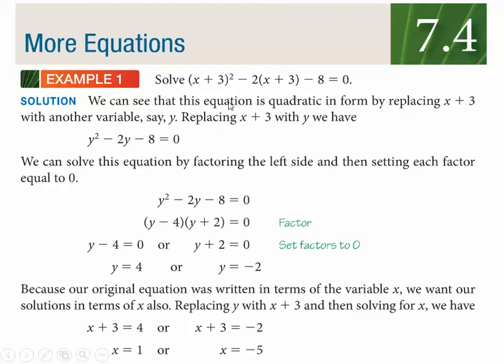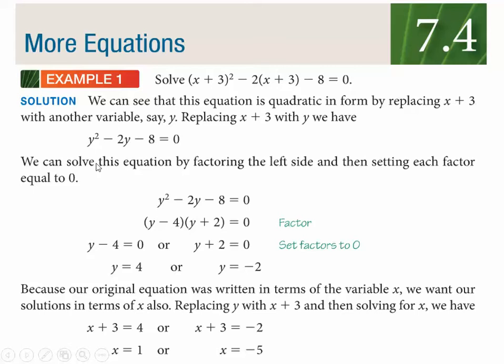Okay, anyways, let's do this here. This looks weird. So we're going to take another variable called y, and we're going to say y is x plus 3. So if y becomes x plus 3, this whole thing just becomes y squared. We good there? Minus sign comes down. The 2 is there. X plus 3 now becomes a y.